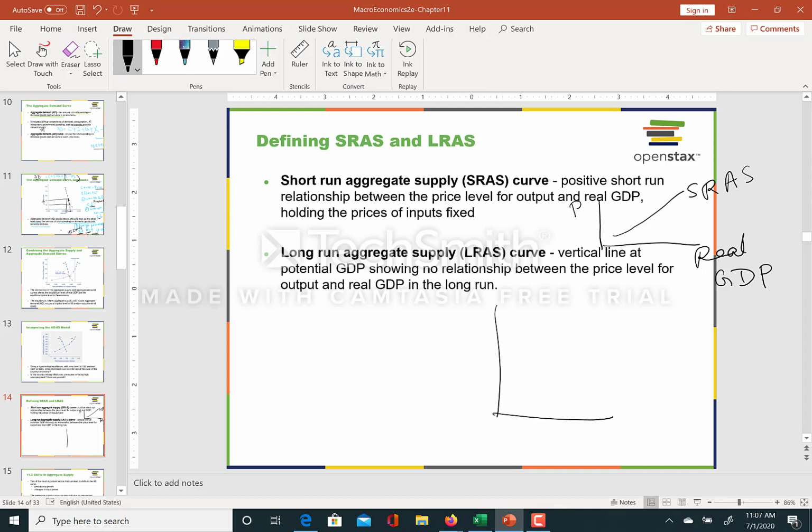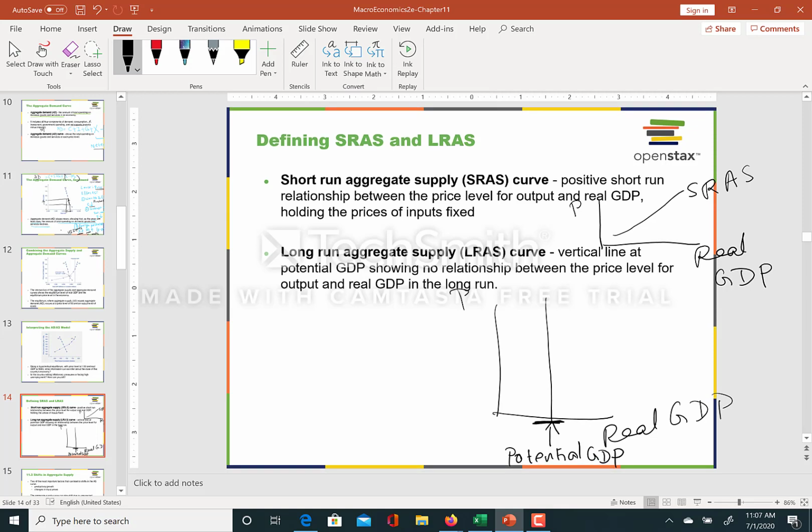And if we look at the long-run aggregate supply curve, if we increase prices, the real gross domestic product is not going to increase, and we are at the potential gross domestic product.